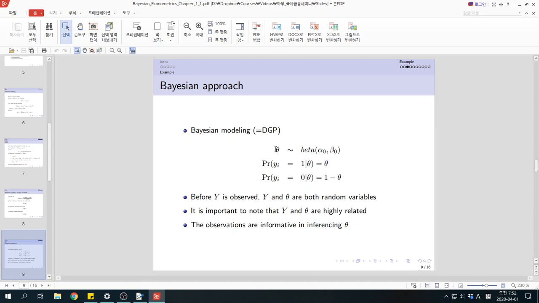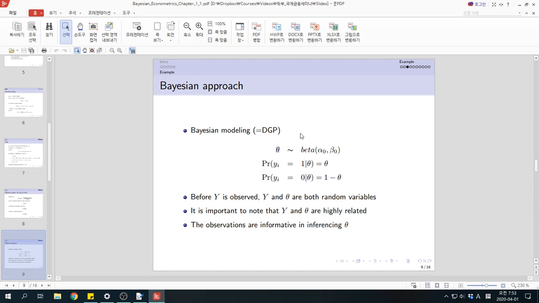In the Bayesian approach, we believe that theta is also a random variable. Because it is a random variable, it should have its own distribution. According to my prior belief, my prior experience, or literature, theta is generated from a Beta distribution, which is defined between 0 and 1. I will explain the details later.